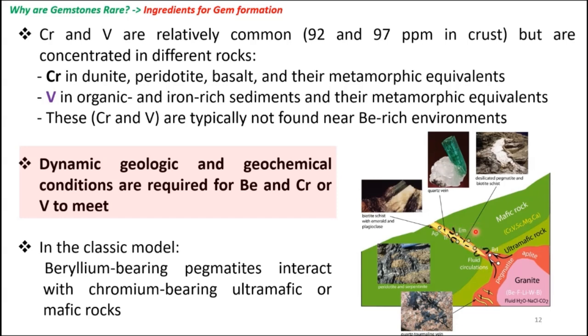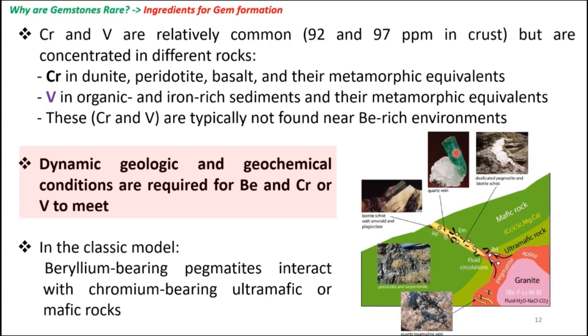Then at the rock contacts, at the surface in between these two rocks, chromium, because mafic and ultramafic rocks contain chromium, can reach towards this pegmatite. So at the contact between this beryllium-bearing pegmatite and this mafic or ultramafic rock, there is a possibility of crystallization of emerald.